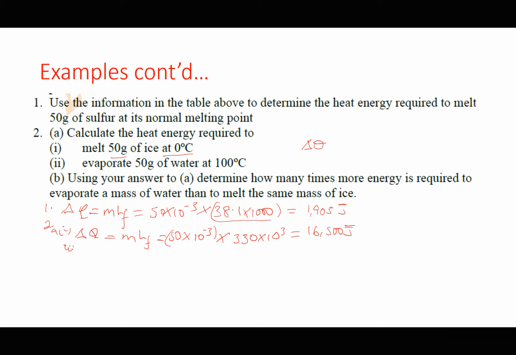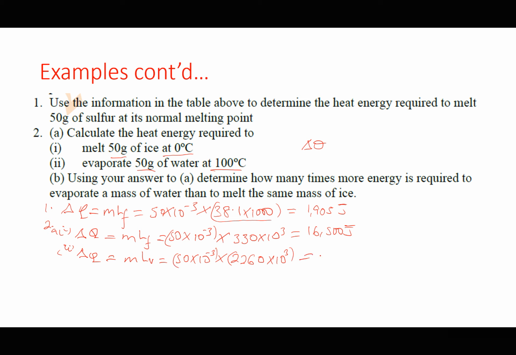Roman 2, to evaporate 50 grams of water at 100 degrees Celsius. That is now vaporization. So this amount of heat, delta Q, is still equal to the mass times now the latent heat of vaporization, which is going to be 50 times 10 power negative 3 times the latent heat of vaporization, which is 2260 kilojoules per kilogram. So this will be times 10 power 3 to change it to joules per kilogram.